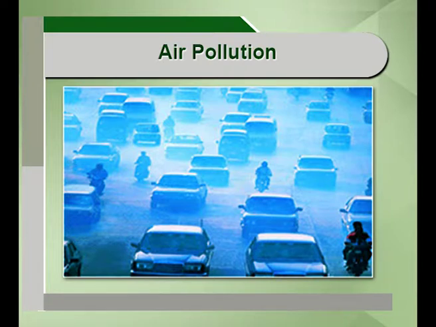Air pollution affects small organisms more than higher organisms. It affects plants more than animals. There are different sources of air pollution. There are stationary sources and non-point pollution sources.